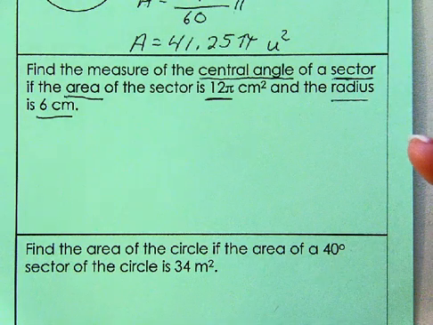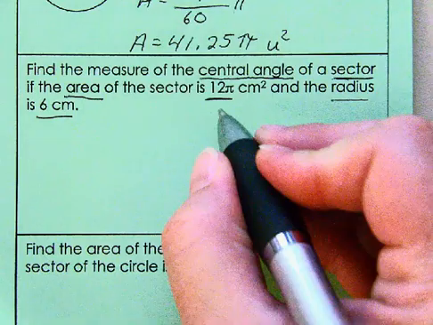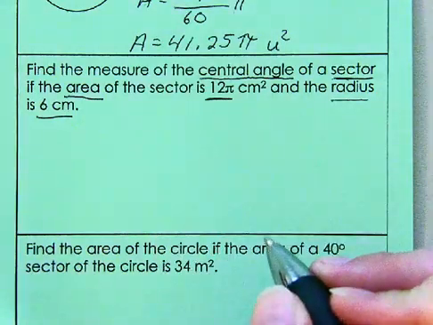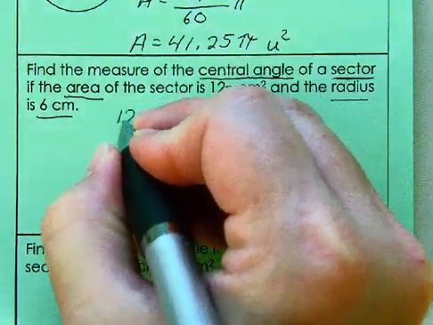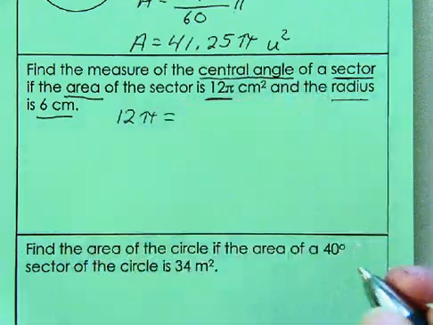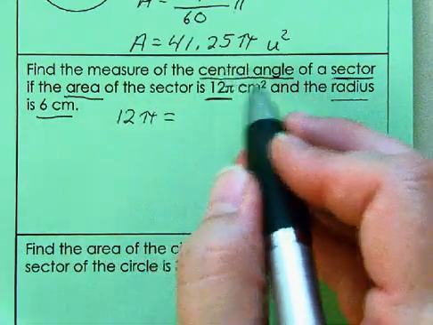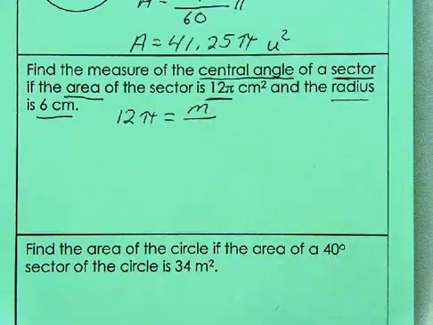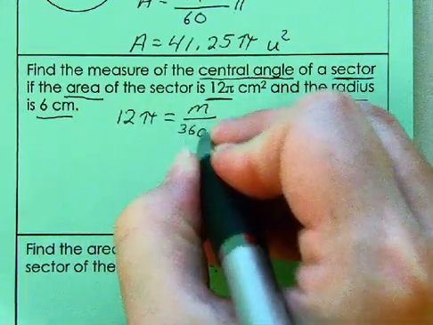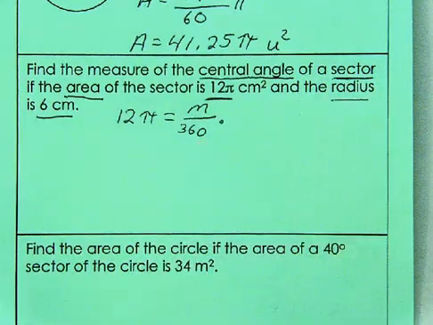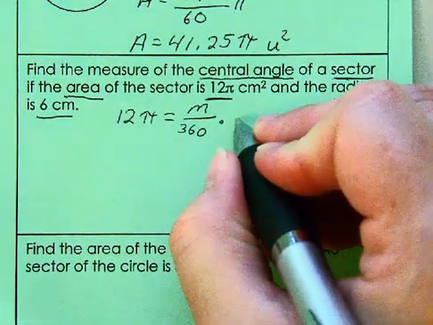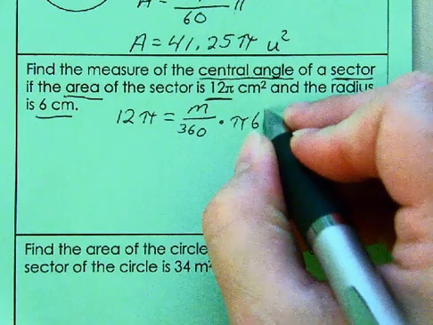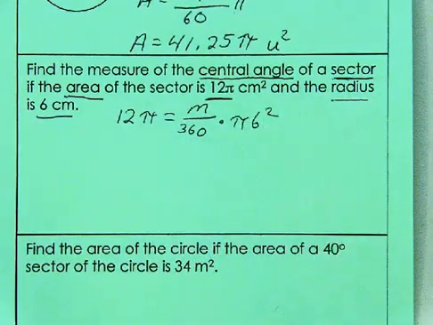So from here, we're going to fill out our equation. So that 12 pi we said was the area of the sector, so that's going to go on the left, equals the central angle, or the measure of that arc. Let's put an m in there for that, over 360, times the area of the circle, which is pi 6 squared, because the radius is 6.